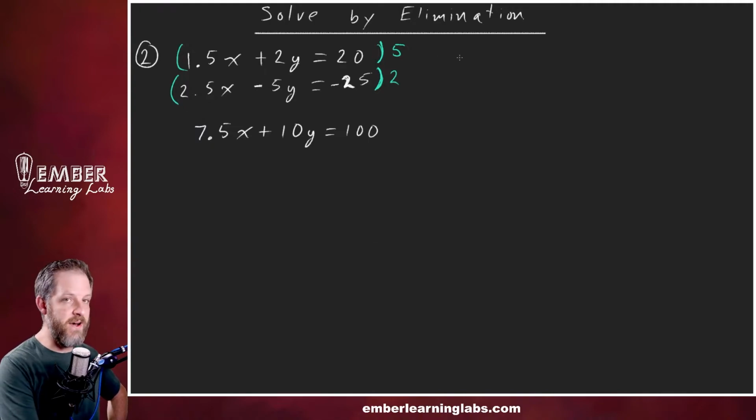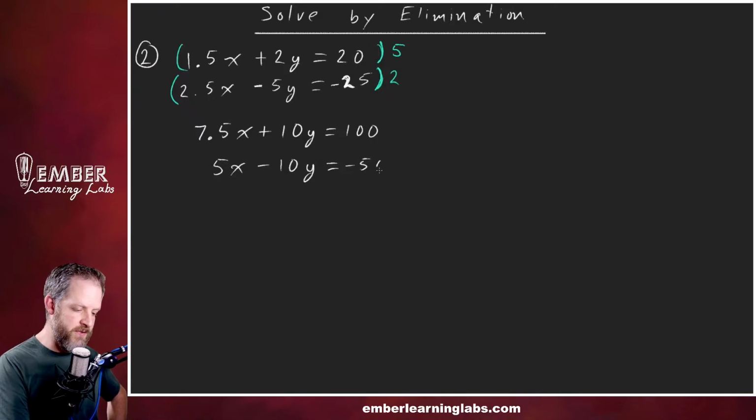We're just distributing that 5 on there, right? And for this guy, 2 times 2.5 is 5. So 5x minus 10y equals negative 50.